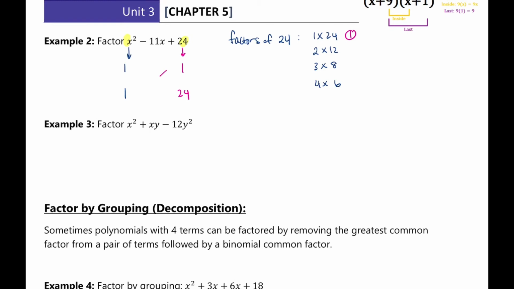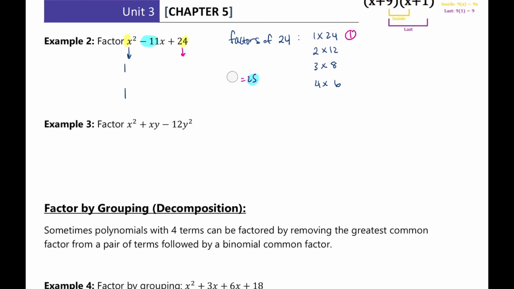If we cross multiply and add, we get 24 plus 1, which is 25. And from the previous section, we talked about how this number here must be equal to this number, negative 11. But it's not, so it's a wrong guess. So number 1 won't do.